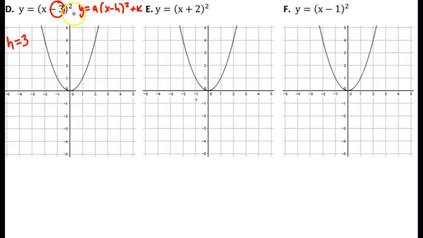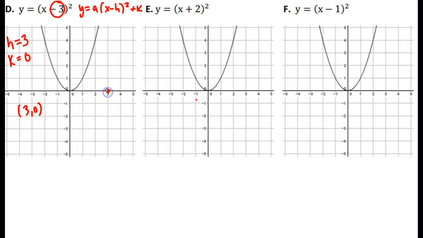I have nothing after the squared term, like I do in the original, so my k value is going to be 0. So my vertex, which is h comma k, is 3 comma 0. So I'm going to start my vertex at 3 comma 0.